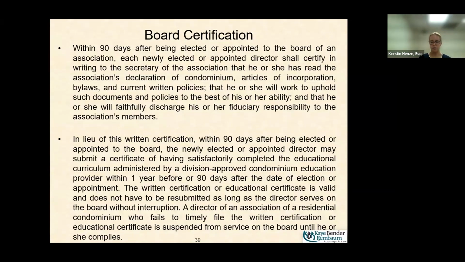Or in lieu of certifying this, you can attend a division approved course, such as this. You can attend it within 1 year before or 90 days after being elected to the board. And as long as you serve uninterrupted on the board, you don't have to do either of these.